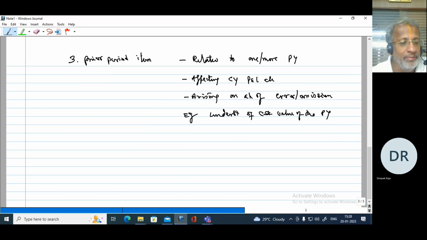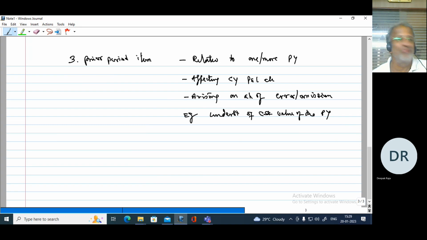So this item has got to be handled very carefully. I mean, a prior period item should be stated as if it is a current year item. The nature and amount of a prior period item should be separately disclosed if it affects the current year's profit and loss account.